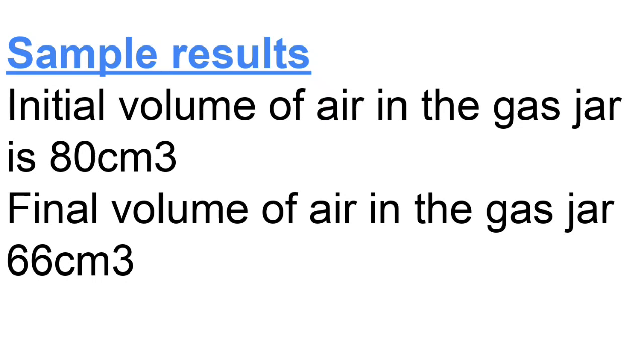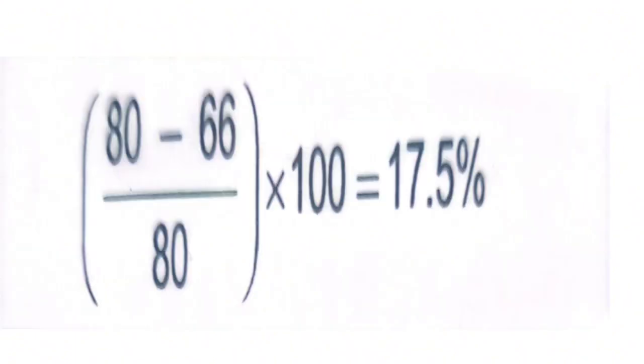Some sample results from a similar experiment were as follows. The initial volume of air in the gas jar was 80 centimeters cubed. The final volume of air in the gas jar was 66 centimeters cubed.